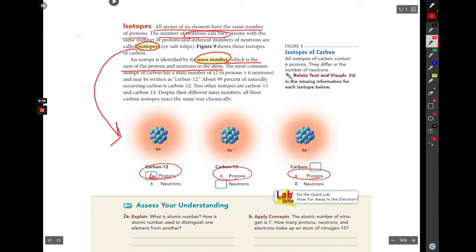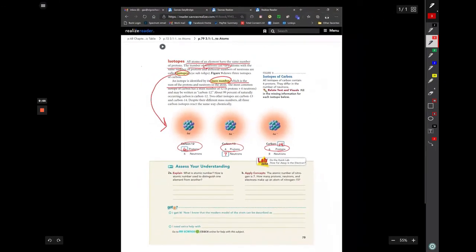So if there are 6 protons and 6 neutrons, the mass number is 12. So if the mass number is 13 and we have 6 protons, that means we have to have how many neutrons? 7. And if you have 8 neutrons and 6 protons, the mass number would be what? 14. We will come back and talk about this a lot more when we get into the periodic table.